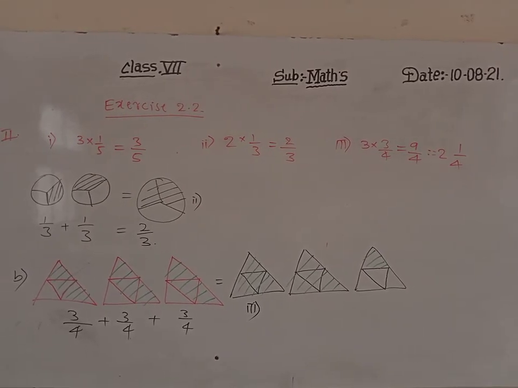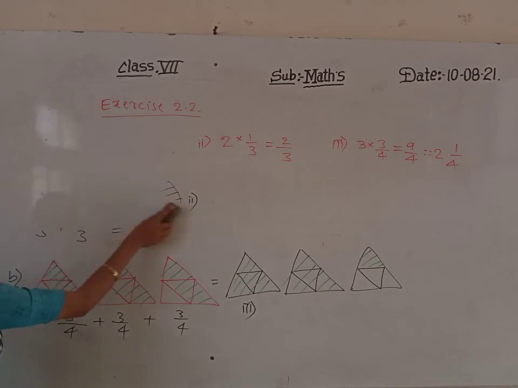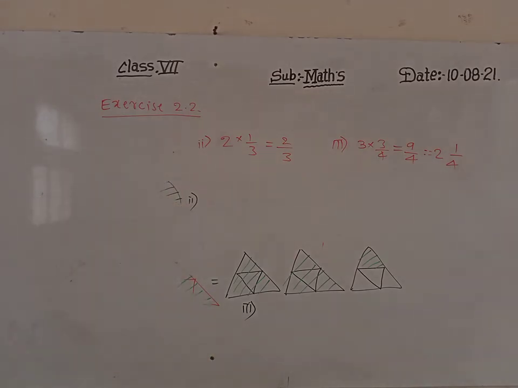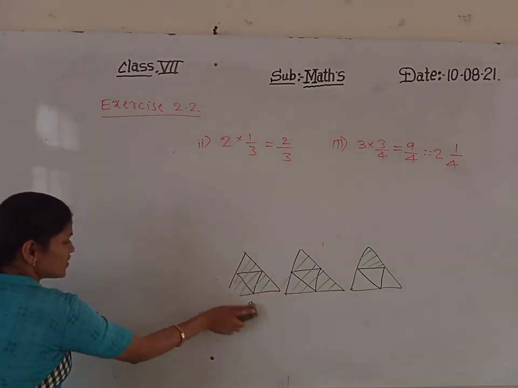Okay, we will go to question number 3 in exercise 2.2. What is the third question here? The third question is multiply and reduce it to the simplest form. What is the meaning of simplest form here?